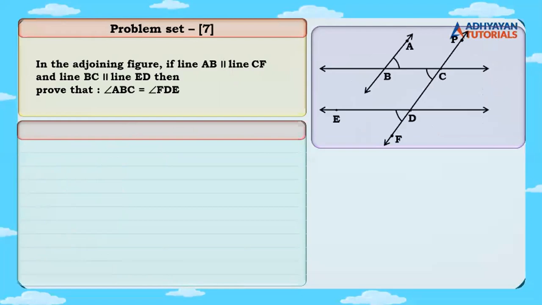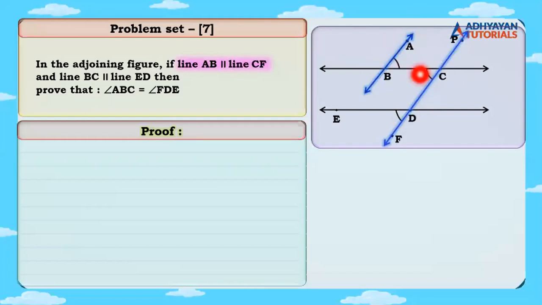It says, in the adjoining figure, line AB is parallel to line CF. So these two lines are parallel and they have a transversal, children, and that transversal is BC, right? Here, if you see, there is this alphabet which I am trying to highlight on the screen in the figure.